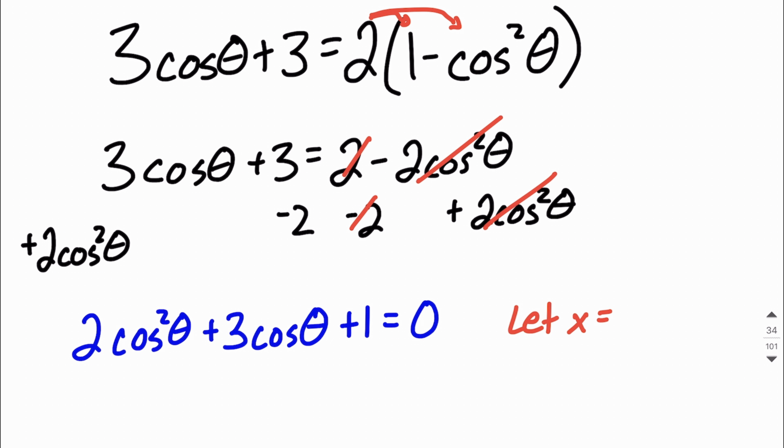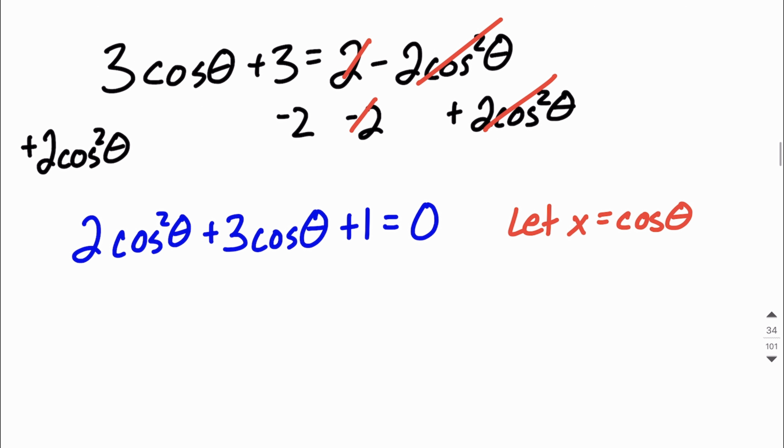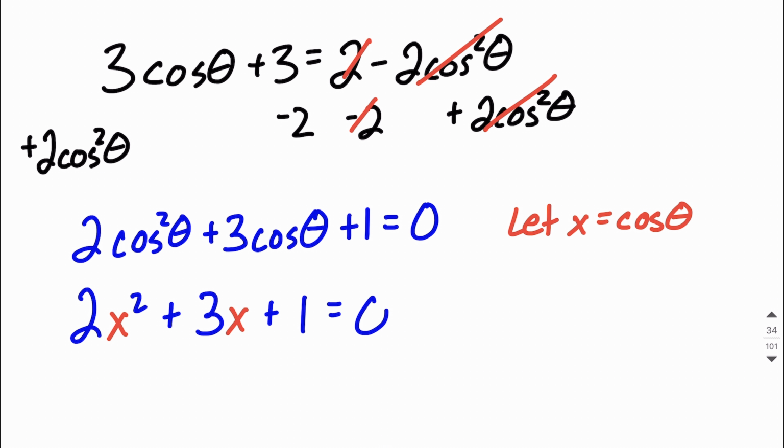So what I'm going to suggest is rewrite this into something we're a little bit more comfortable with. I'm going to replace each of our cosines with an x. So a quick let statement here is going to say wherever you see a cosine, we can replace it with an x. So notice at the beginning it was 2 times cosine squared. Now it's going to be 2 times x squared, plus 3 times cosine is going to become 3 times x, with a plus 1 comes down equals 0.